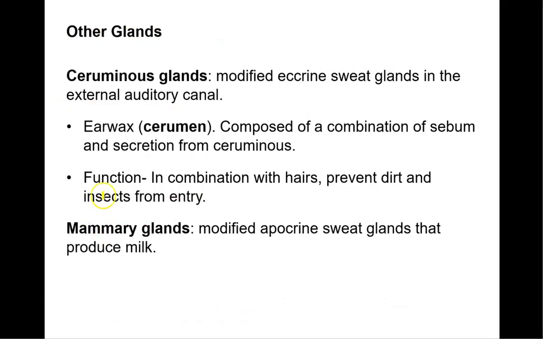Then we have ceruminous glands, which are modified eccrine sweat glands in the external auditory canal, and this is going to produce earwax or cerumen, which functions to prevent dirt and insects from entering the ear. And then mammary glands are modified apocrine sweat glands, and of course they produce milk.